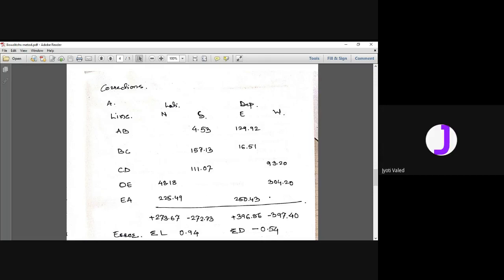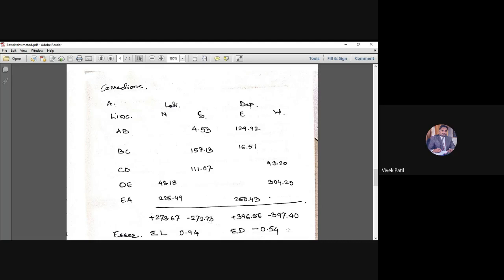Means there is no closing error, and no requirement of balancing.